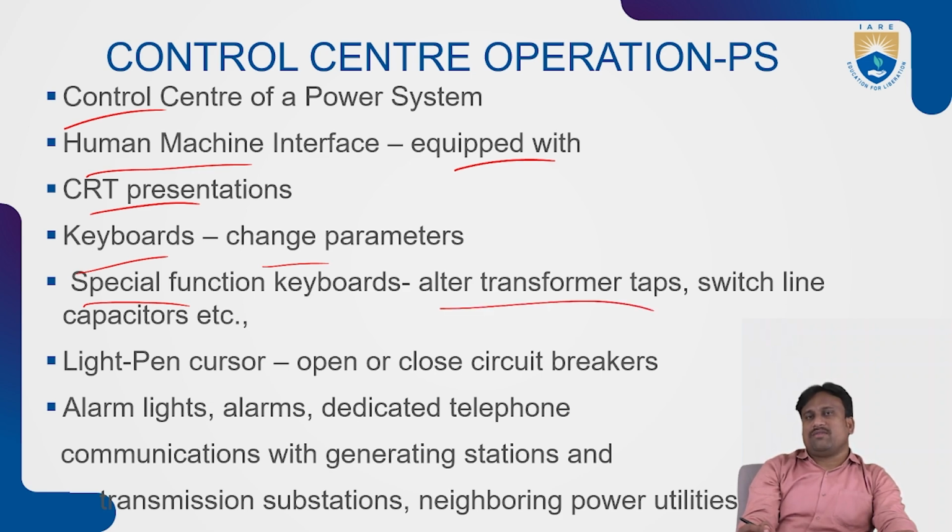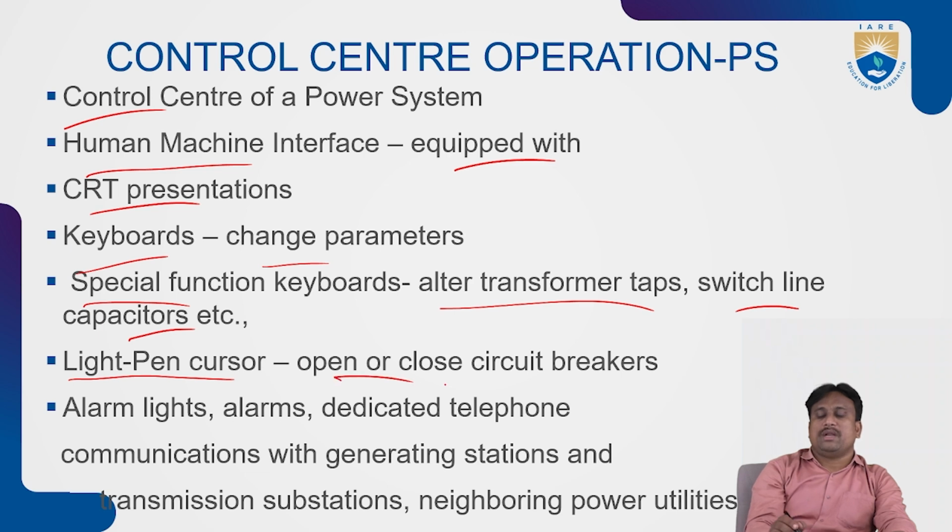So we will consider one of the tap changing transformers, which changes the voltage levels, and switching of the line capacitors. All these considerations we must take into account. A light pen cursor should be ready to open or close the circuit breakers, and based on that the faulty location is isolated.